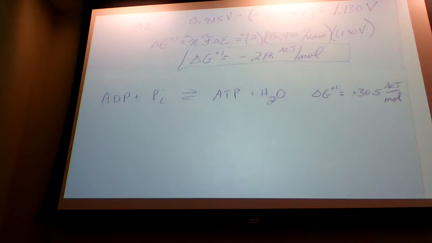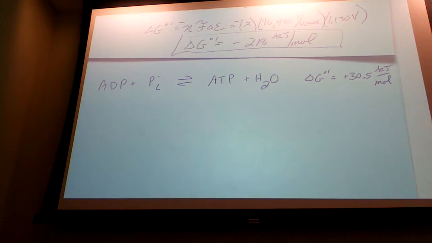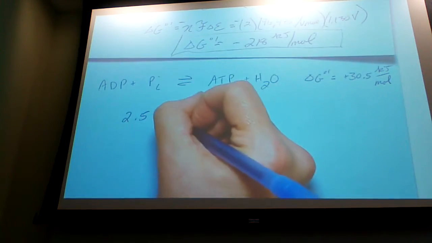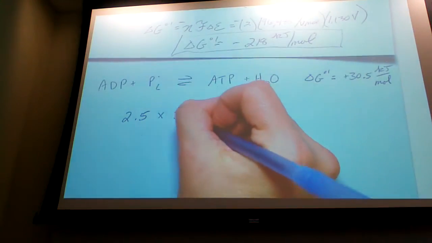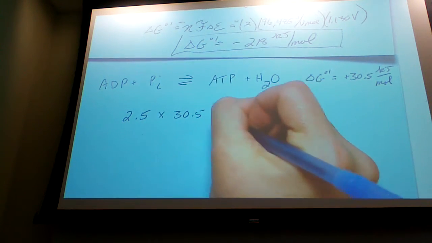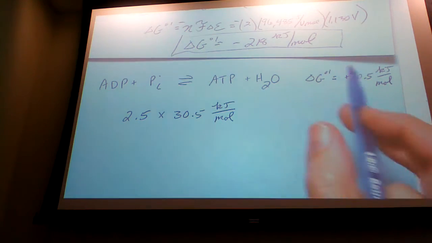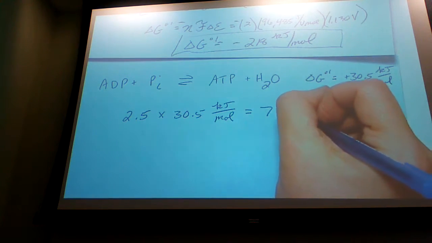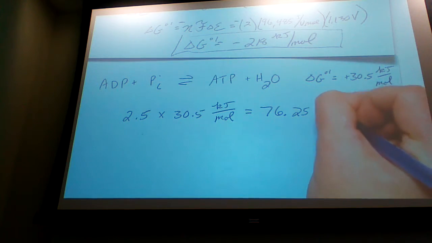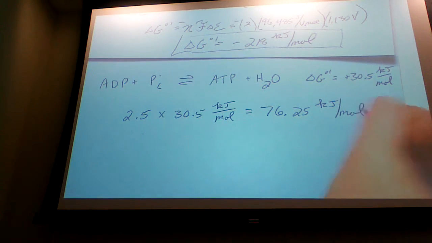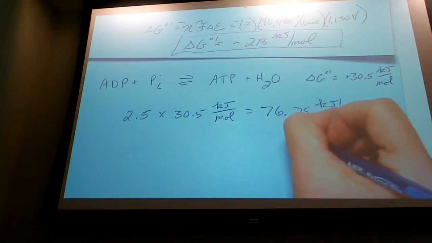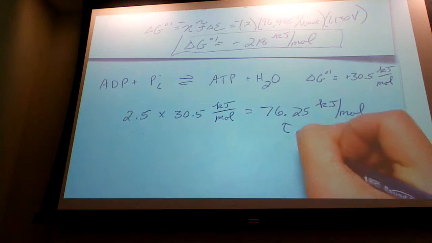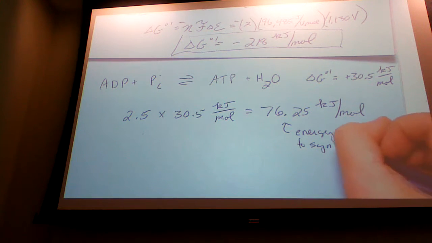How many ATP did I say you could make from one NADH? 2.5. So if I take 2.5 times 30.5 kilojoules per mole, what do I get? 76.25. This is the energy needed to synthesize 2.5 ATPs.